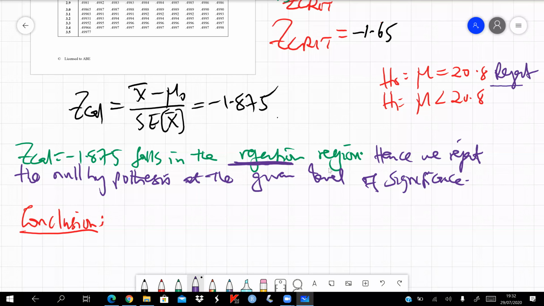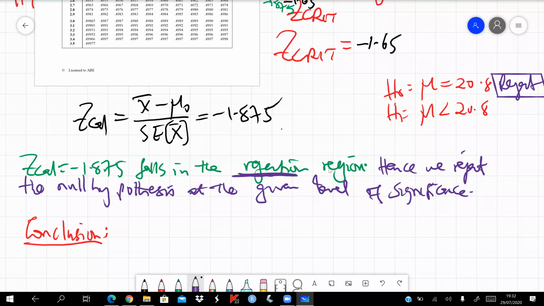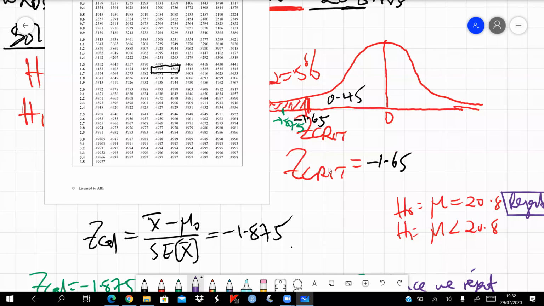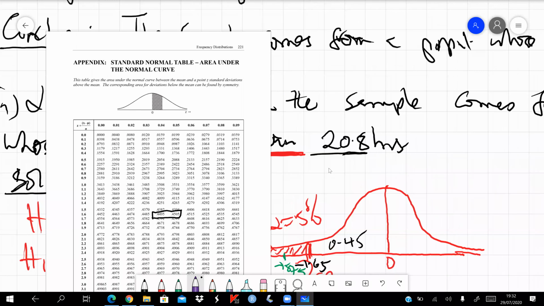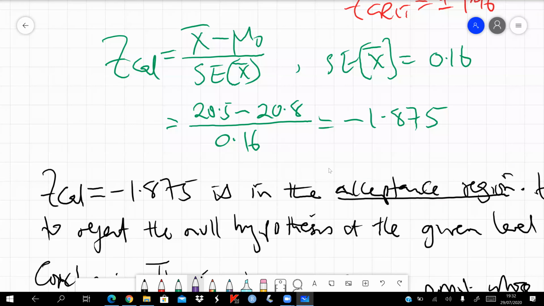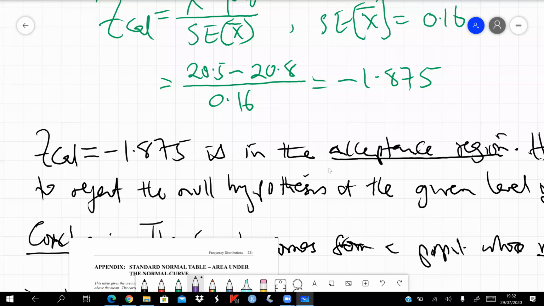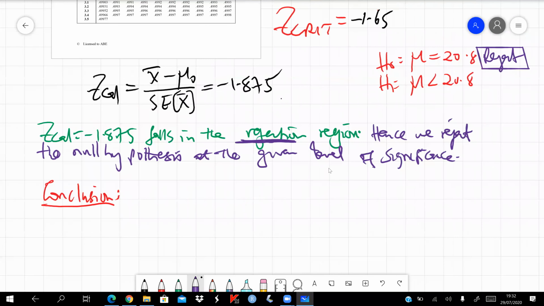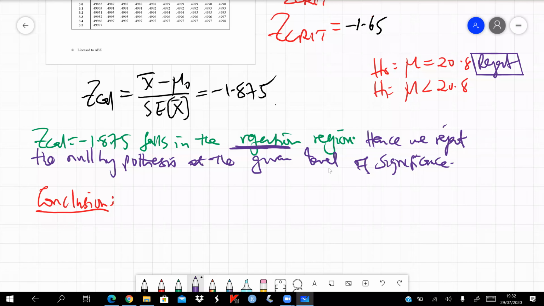Yes. We have rejected the null hypothesis. So is it a yes or no? Does the sample come from a population whose mean is less than 20.8? Yes.